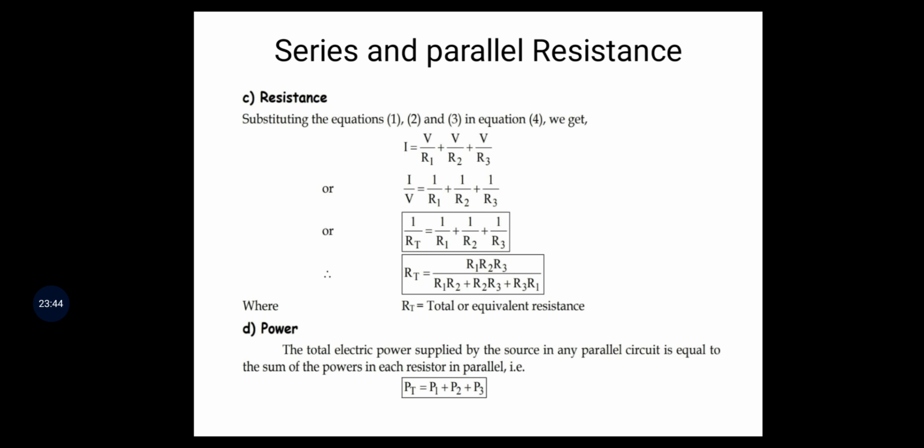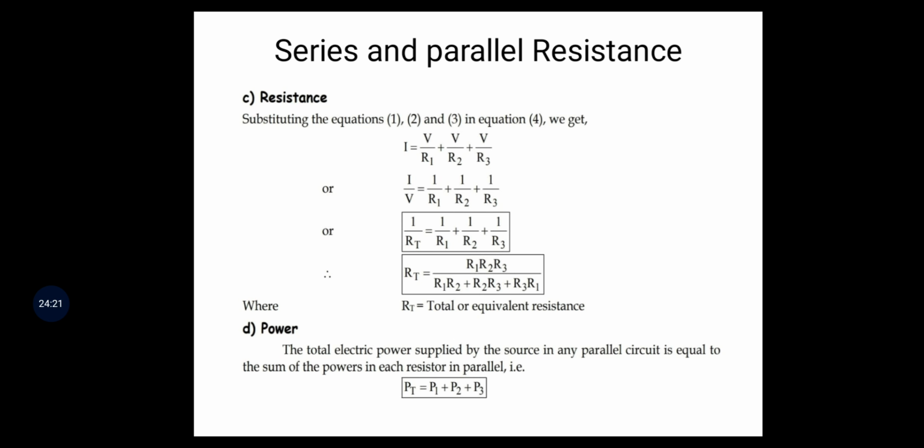Here I by V equals 1 by R. So 1 by R equals 1 by R1 plus 1 by R2 plus 1 by R3, and RT equals R1 R2 R3 by (R1 R2 plus R2 R3 plus R3 R1). Here RT is the total equivalent resistance.